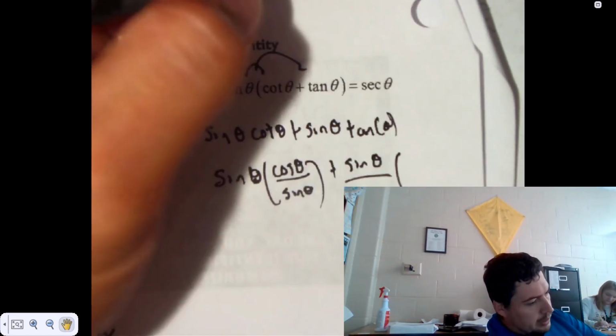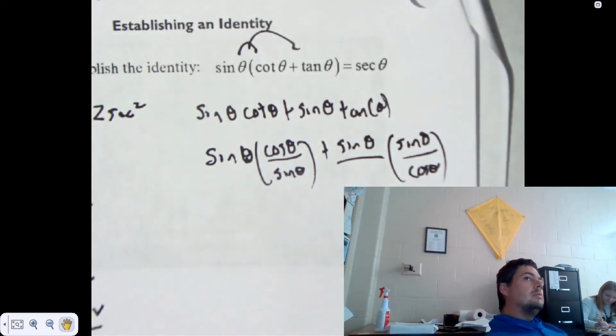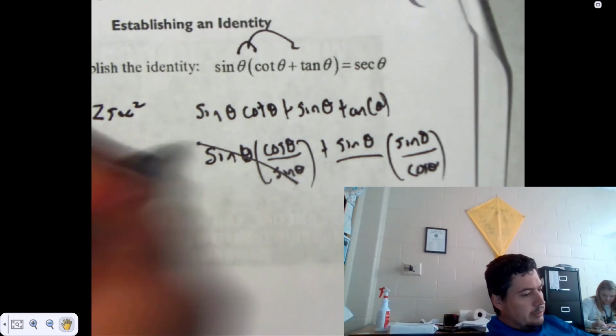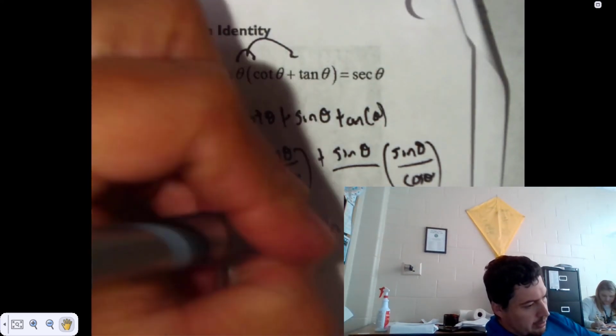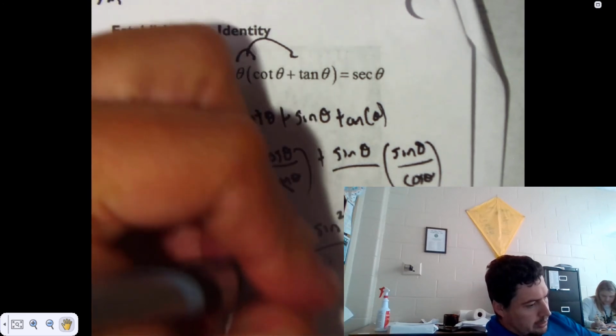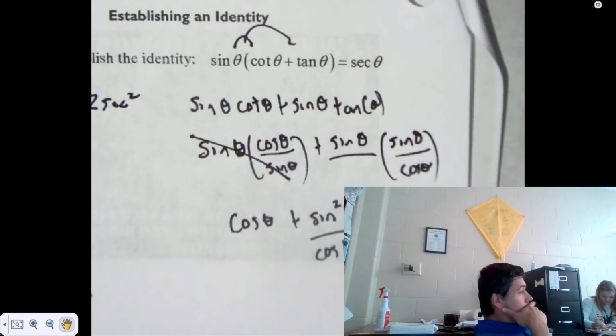Tangent is sine over cosine. Got a cancellation. Cosine theta plus sine squared of theta over cosine theta. Sine times sine being sine squared.